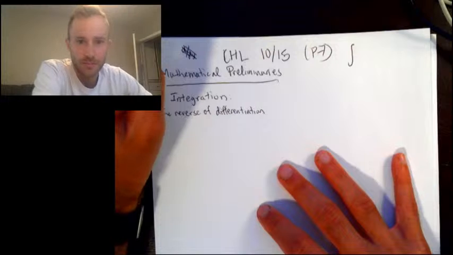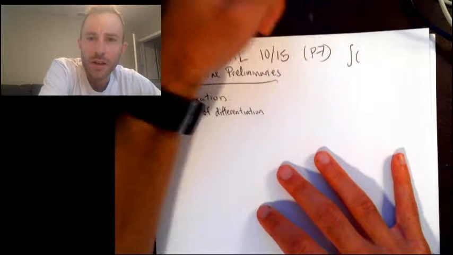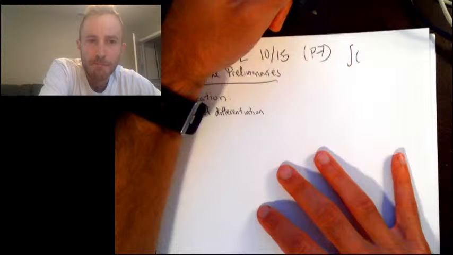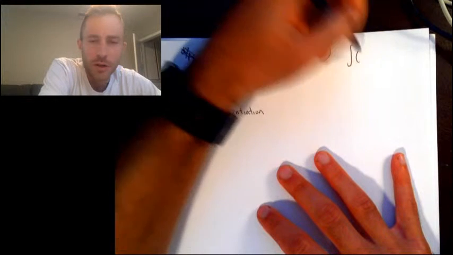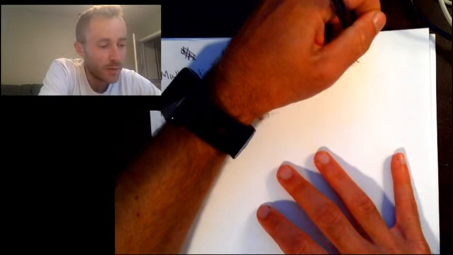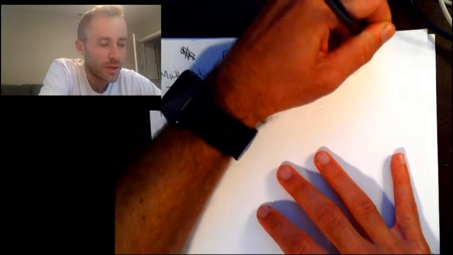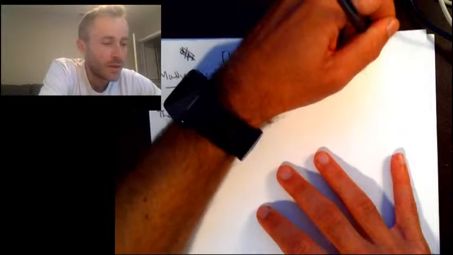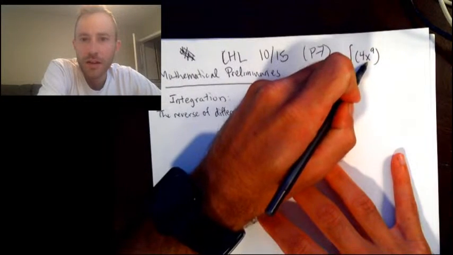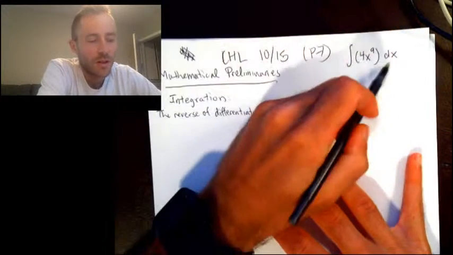For integration, you start out with this symbol, and then you write down the function that you're going to be integrating. So maybe my function is 4x to the 9th. Then you put dx.